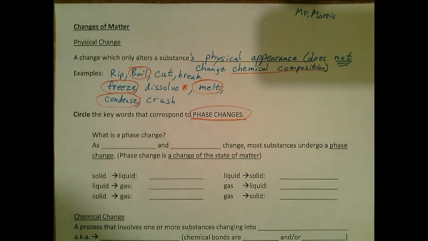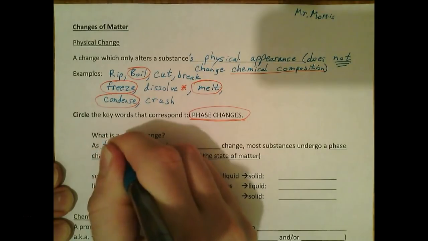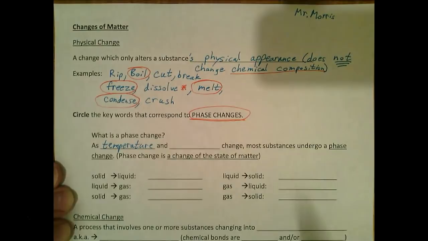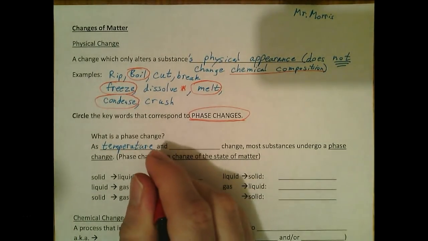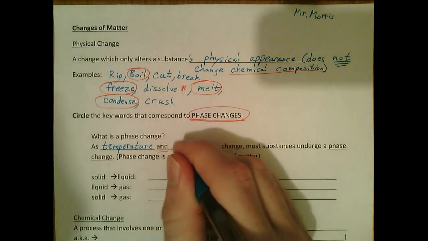So let's talk about these phase changes. What are they? What's a phase change? Well, as temperature and pressure change, so sometimes it can actually happen with pressure. Don't forget, temperature and pressure.